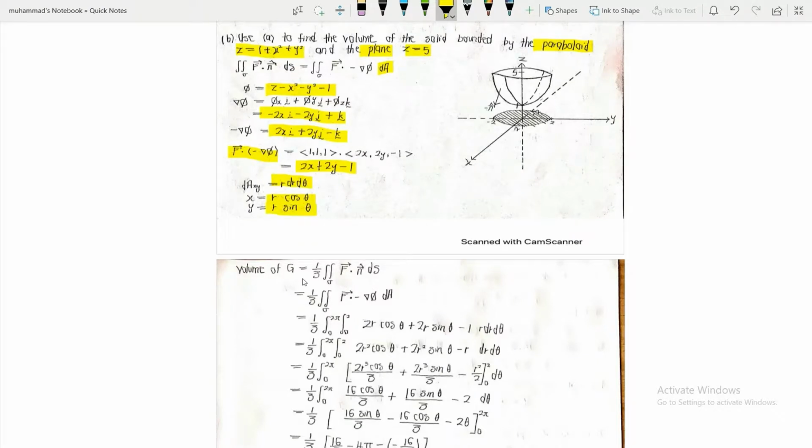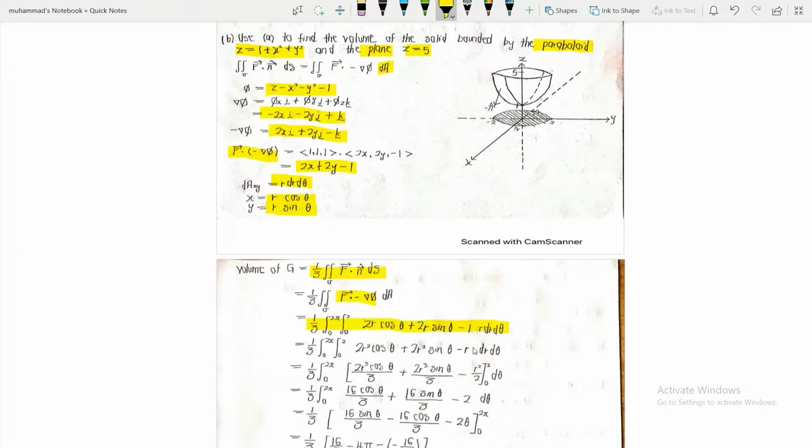So we use the formula to find the volume: 1 over 3 double integral over sigma of f dot n dS. Then we just substitute the f dot negative gradient phi that we got before, and also substitute the limits of r from 0 to 2 and theta from 0 to 2 pi, and we get like this.